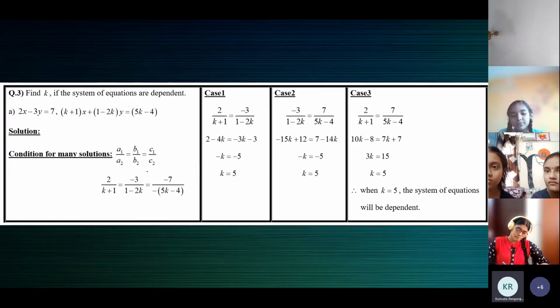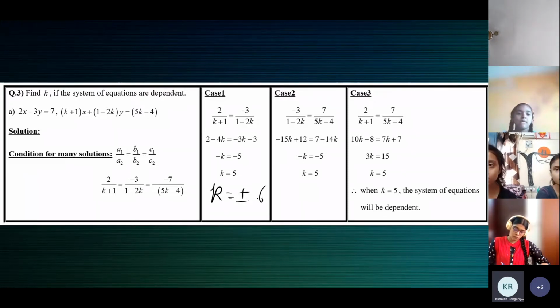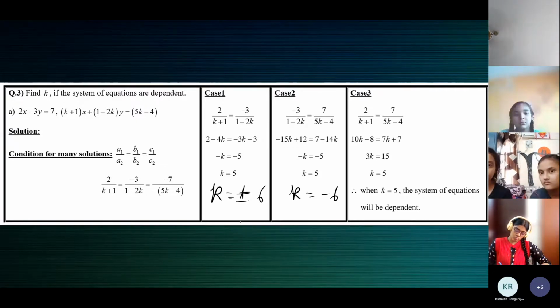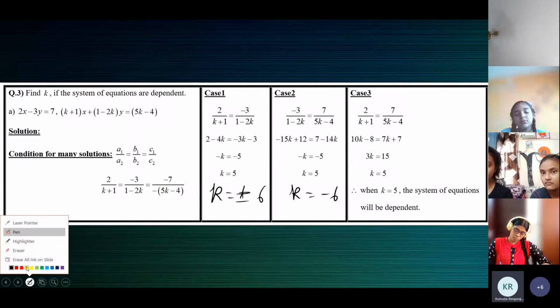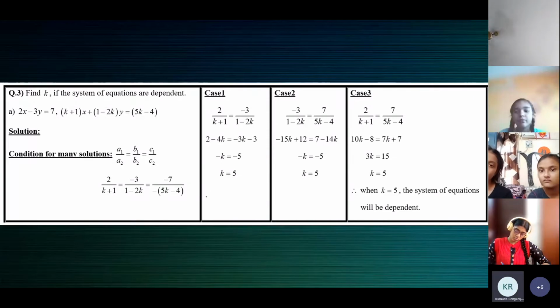Suppose sometimes what happens, in case 1, you will get k is equal to plus or minus 6. But in case 2, you will get k is equal to minus 6. So the common solution is minus 6. Then you can go ahead only with that common solution. You cannot go ahead with plus 6. Sometimes in one case, you will get 2 answers, k is equal to plus or minus 6.